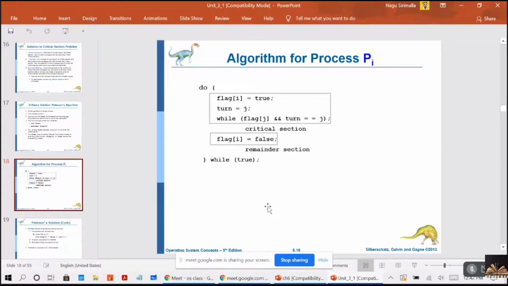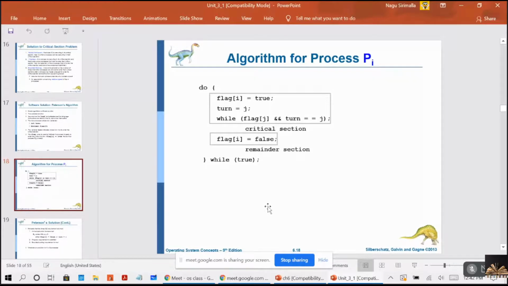Now Pj can enter into the critical section. So this is the algorithm for process Pi. Whenever Pi wants to use the critical section, initially its flag will be true, then it will make turn is equal to j, and while flag of j and turn is equal to j, it waits; after that Pi can enter into the critical section, right?